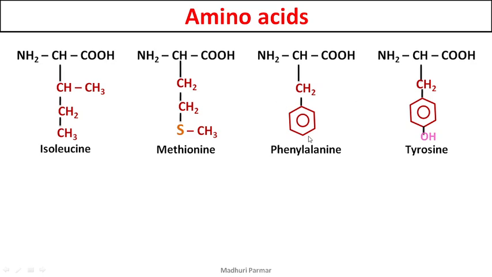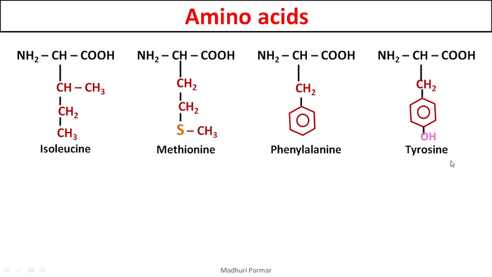Now to this phenylalanine, you just add one OH on the opposite side, on this side, and it becomes tyrosine. Clear? Same thing: you draw alanine, add one phenyl ring and it becomes phenylalanine. To that phenylalanine, you add one hydroxyl group, OH, and it becomes tyrosine.